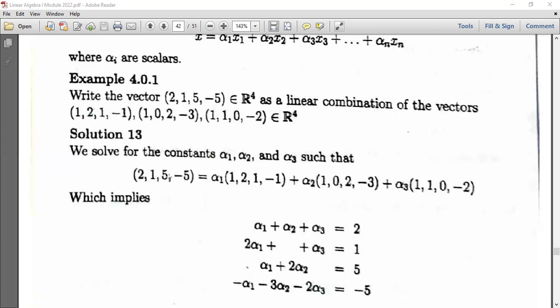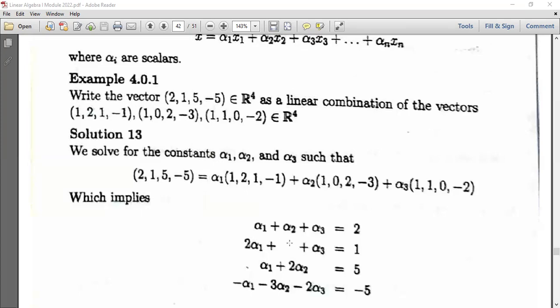Now, to write this as a linear combination, we need to find suitable values of alpha 1, alpha 2, and alpha 3 so that this equation will hold true. Now, how do we find the values of alpha 1, alpha 2, and alpha 3?